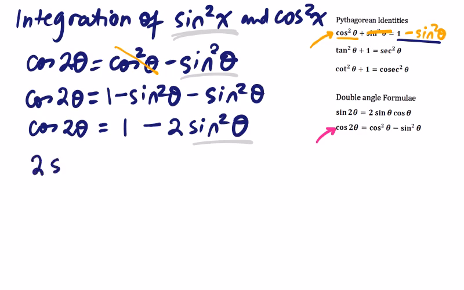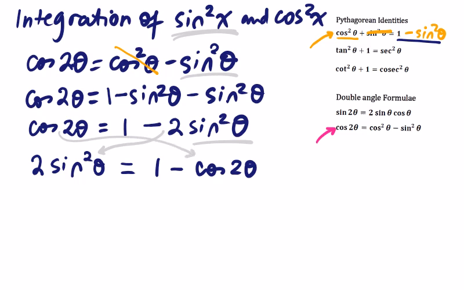So we add it on the left hand side and on the right hand side, and at the same time we subtract cosine 2 theta from both sides, just like we were doing. Having that one on that side is more convenient, and that one on this side.